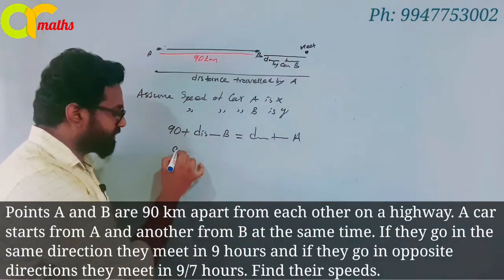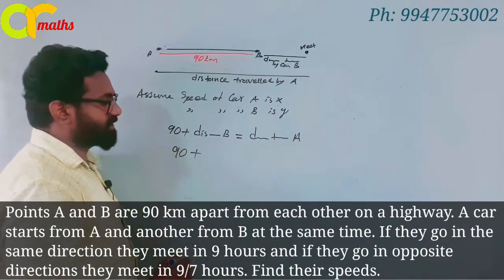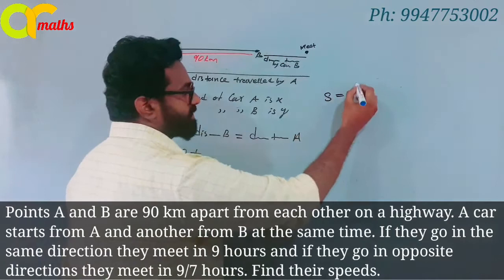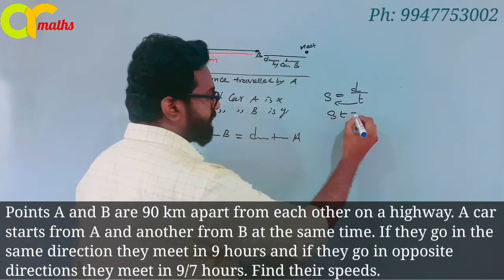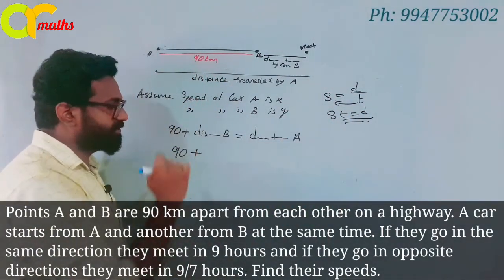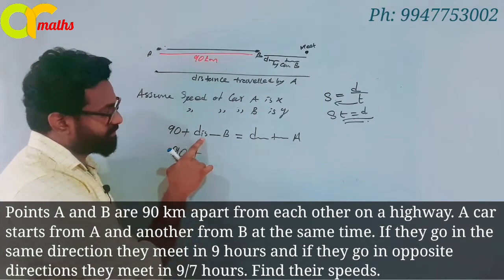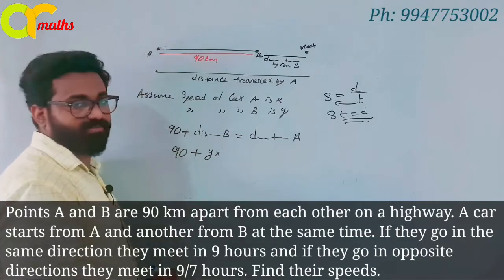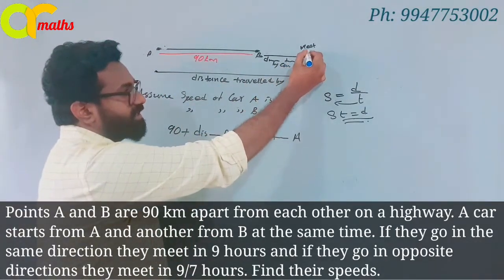Then 90 plus the distance travelled by B. Distance is speed into time. The speed of B is y, so y into time. What is the time of reaching here? 9 hours.